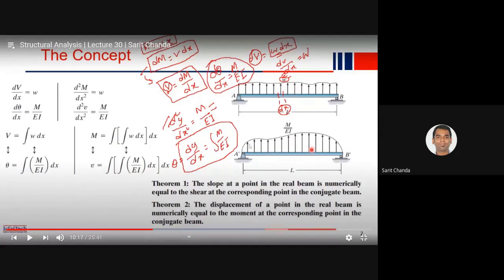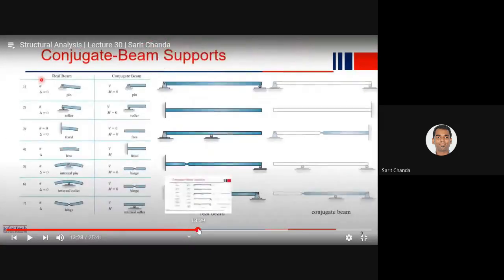Now next is the loading. What will be the loading in the conjugate beam? We have seen that the M by EI diagram of the real beam is nothing but the loading in the conjugate beam. So now you know how to fix the loading in the conjugate beam. The next question is how the supports change.